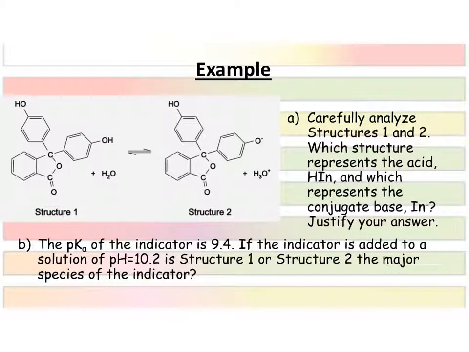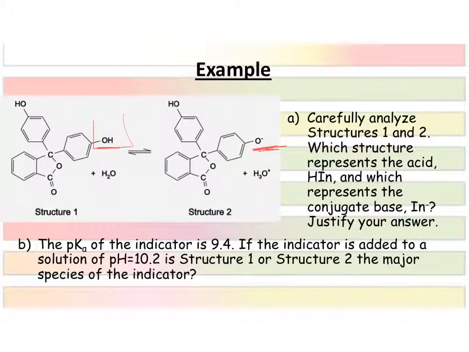All right. Now let's look at these. These are structures of an indicator, both the protonated and deprotonated form, and we have to figure out which is which. So we sort of need to just analyze the structure. So here is where the structure differs, okay?